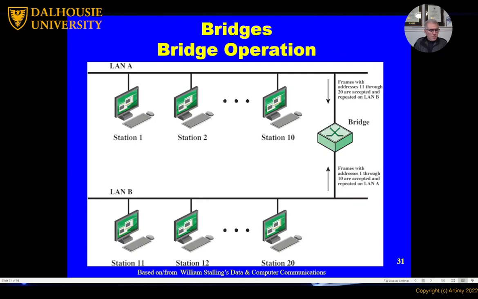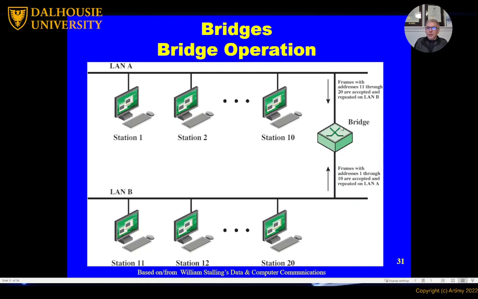Okay, so let me explain that. Station 1 on LAN A wants to send something to station 11 on LAN B. So A puts the frame on the bus. Station 2 to station 10, they won't read the frame because it's not addressed to them.